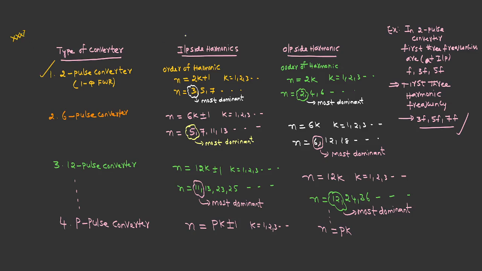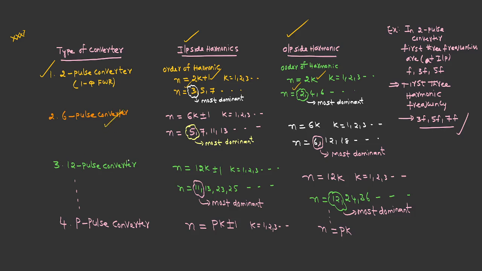Type of converter, input side harmonics, output side harmonics. A 2-pulse converter is a single phase full wave rectifier. In a 2-pulse converter, input side harmonics are 2k plus 1 and output side harmonics are 2k. That is, in a 2-pulse converter, the most dominant at the input side is third order and at the output side is second order.